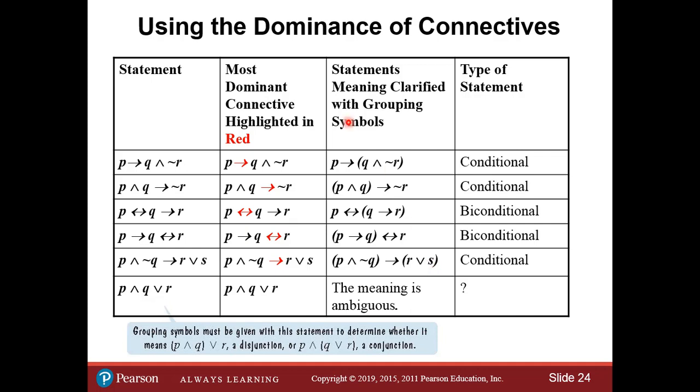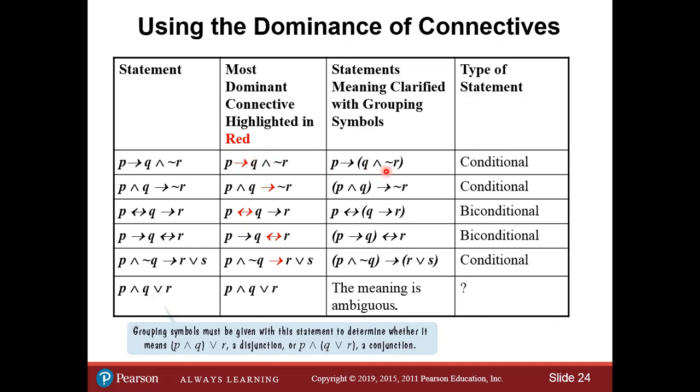Now, here's the statement. If we look at these statements, P implies Q and not R. Well, in this case, the most dominant is the implication. So it tells us where the parentheses should go. The parentheses should go around this.